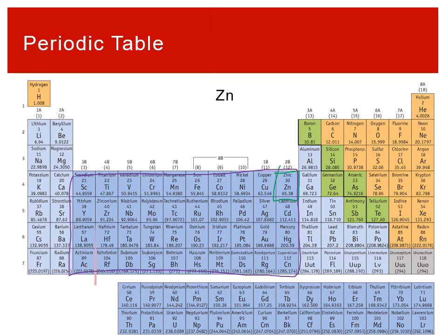Zinc we can see is in period 4. The d's are shifted by a little bit. With s and p, you can just take that number. With a d, you need to subtract 1 from it. So that's why 4 minus 1 gives me 3d. So the highest energy subshell on zinc is 3d. That's going to be true for anything that's in the 4th period in the d block.